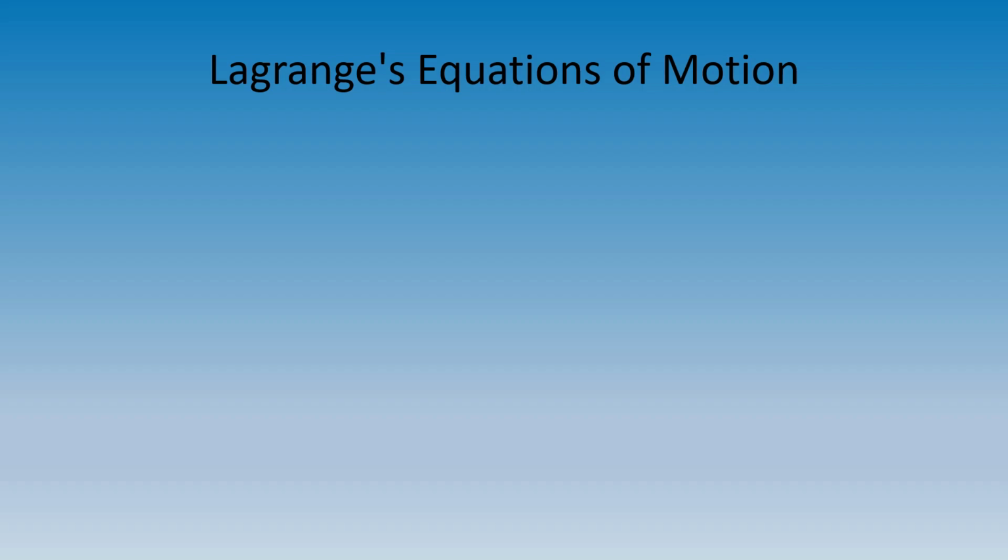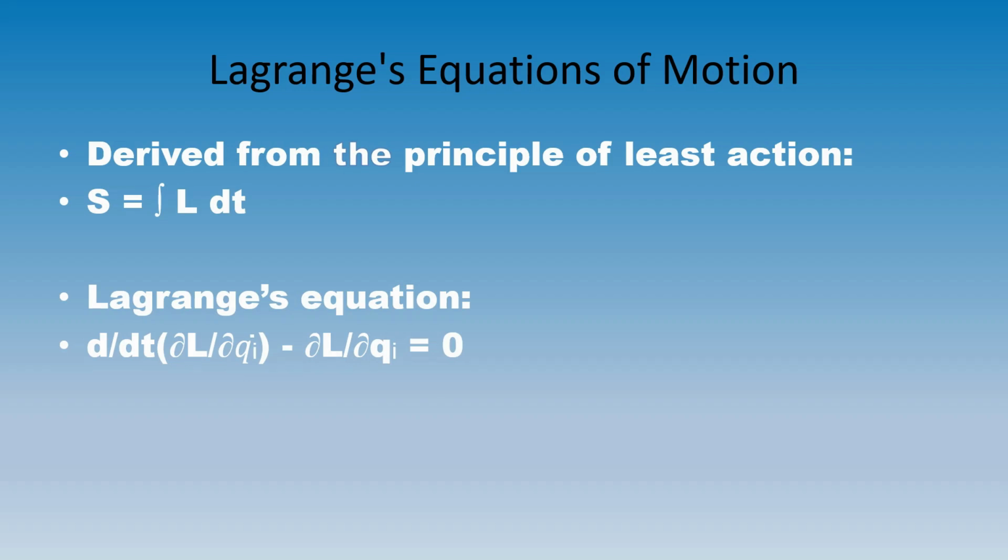So how to write the Lagrangian equation of motion? The Lagrangian equation of motion can be derived from the principle of least action. How to define the principle of least action? S is equal to the integral of Lagrangian with respect to time. From that, the Lagrangian equation can be written as d by dt of dou L by dou qi dot minus dou L by dou qi is equal to 0.